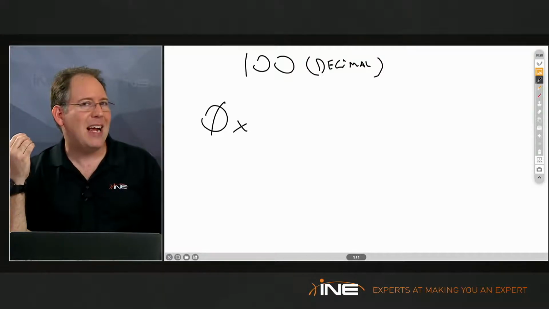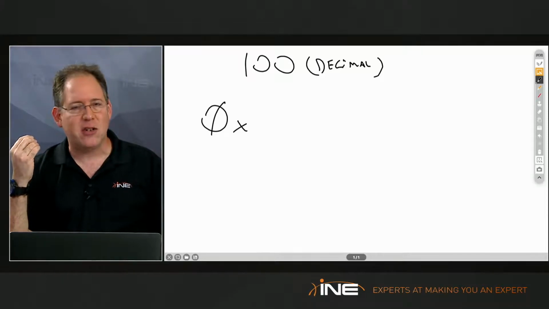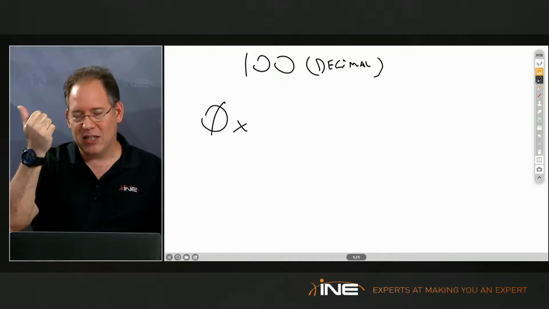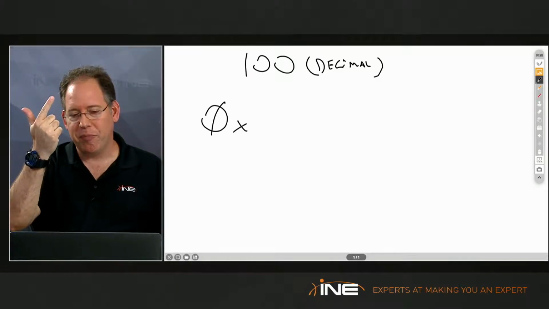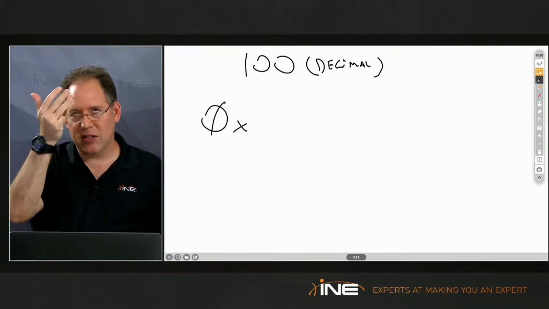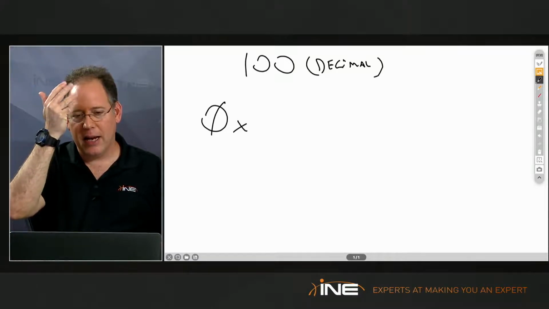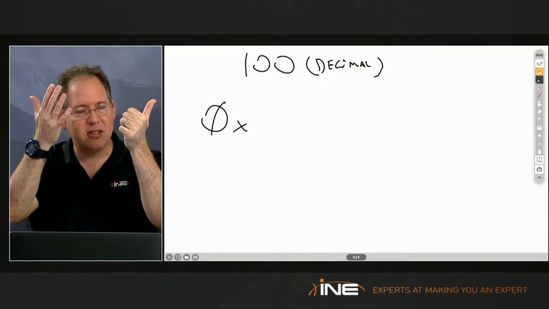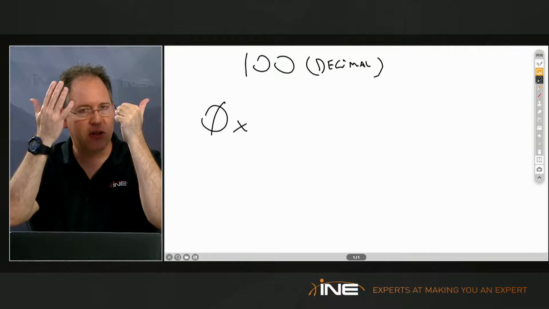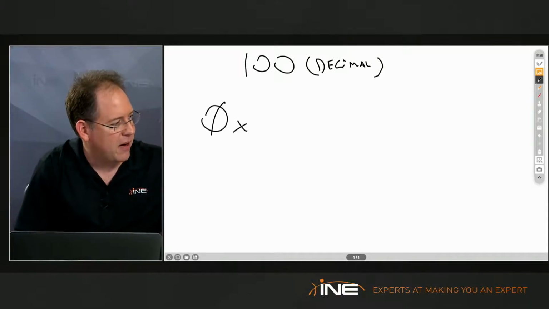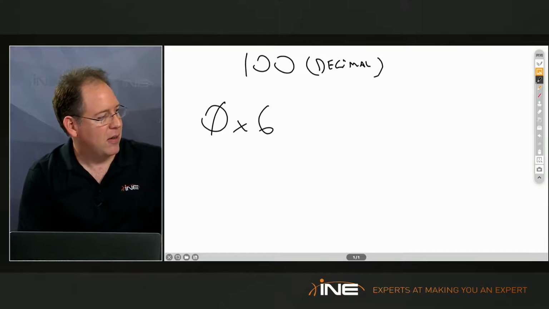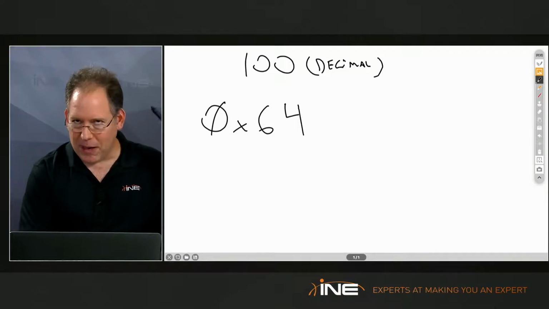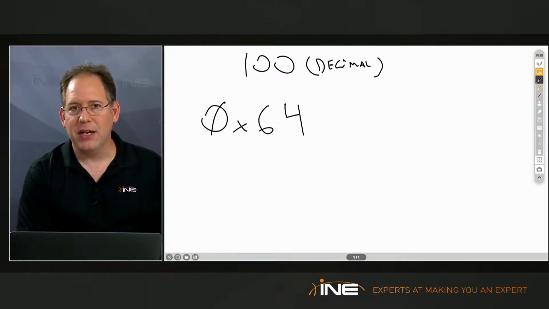So it's going to be some multiple of 16. How many multiples of 16 do I need to fit into 100? Well, I've got 16, 32, 48, 64, 80, 96, and that's as close as I can get. So 6 instances of 16 gives me 96 plus 4 left over. So 0x64, if I've done my math correctly, will be 100 in decimal.